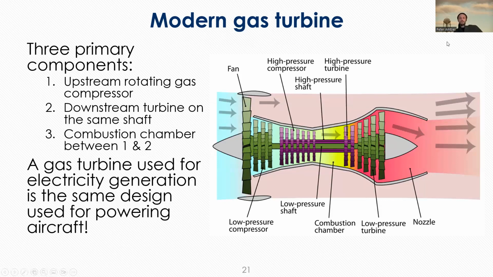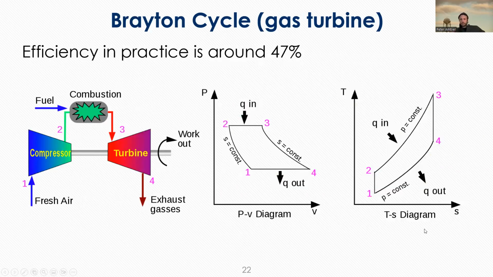Okay, so the natural gas turbine uses what's known as the Brayton cycle. You have fresh air coming into your compressor, fuel getting added, you get your combustion happening, spinning your turbine, and then your gases are exhausted, and the work is being performed by spinning this, right?